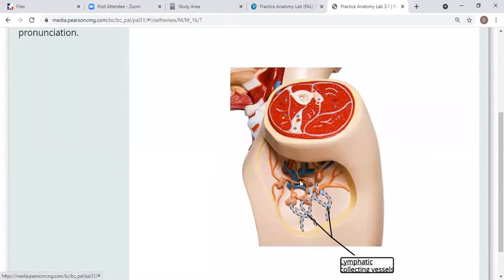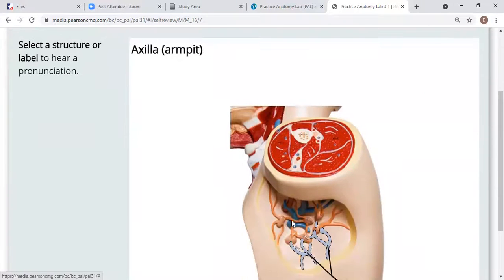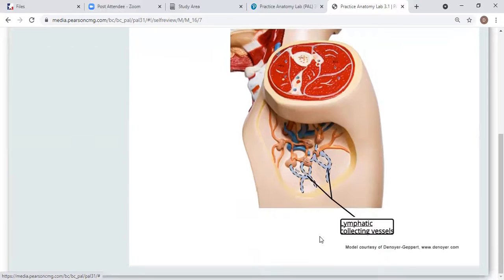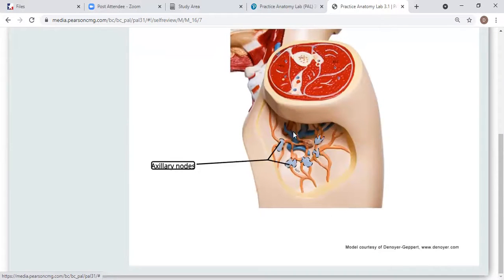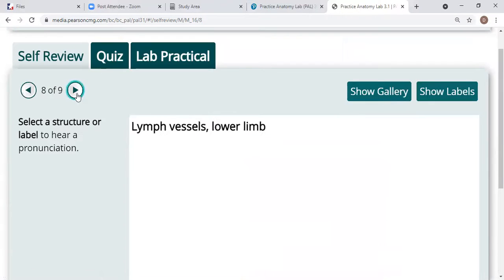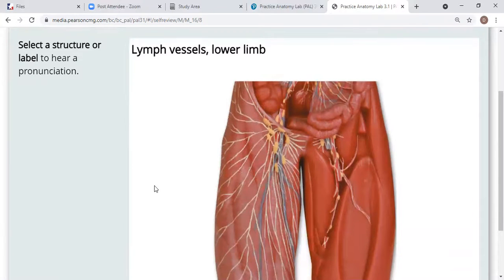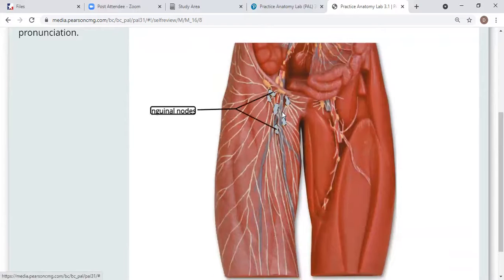As I mentioned before, this axilla or armpit area, infection. This is one area that ends up the axillary nodes, and these are the collecting vessels. See those lymphatic collecting vessels sometimes appear to get swollen during infection. Now moving on into the lymphatic system of the lower limbs, right?